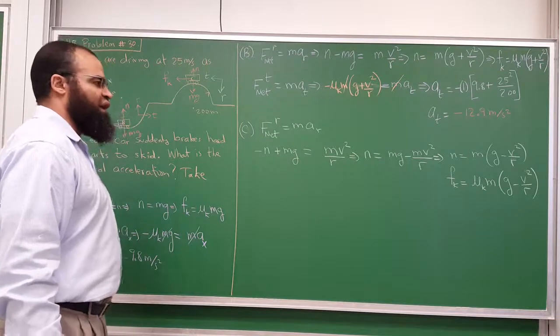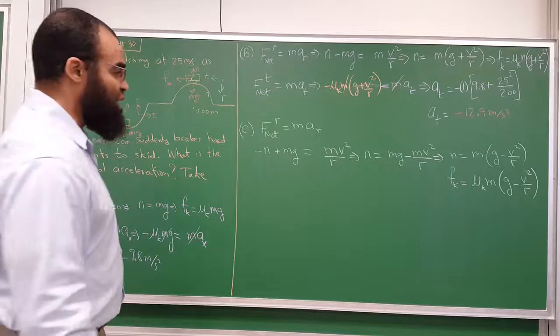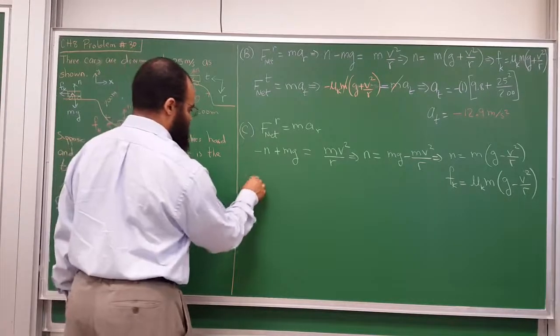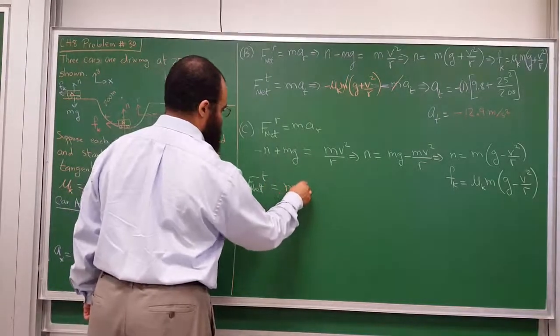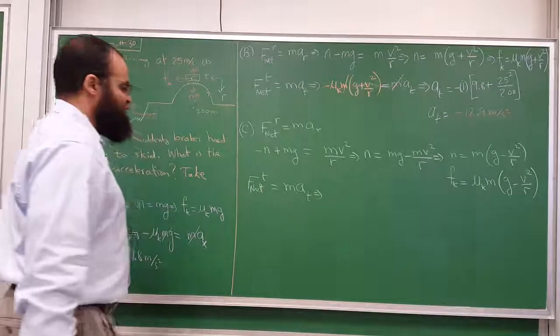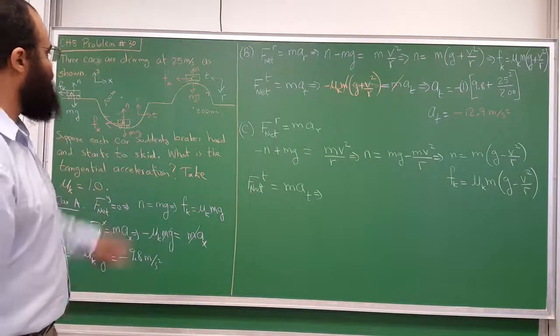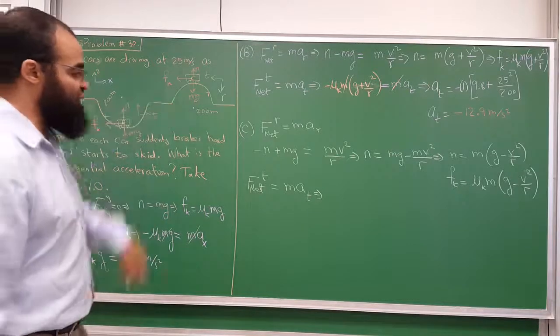Yeah, that's the magnitude of the force of friction. Okay, so we will go now to the net force along the tangential direction, which will equal the mass times the acceleration along the tangential direction. What is the force? Well, we have the force of friction, and it's along the tangential direction, so we'll put positive there.